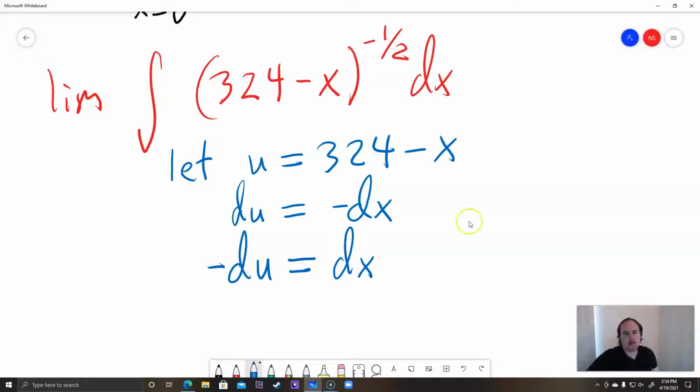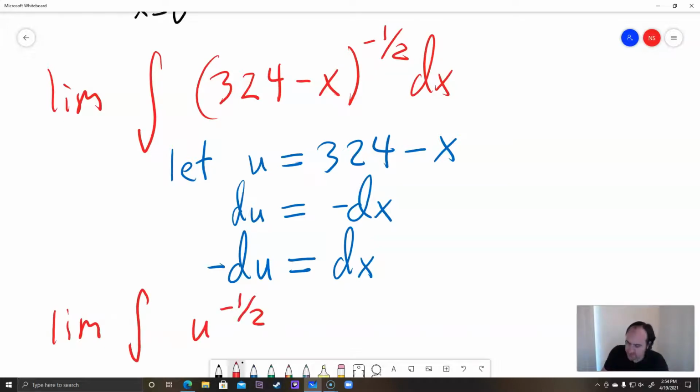So anyway, what we got here is the limit of the integral of u to the negative 1/2 times negative du. Okay, so we have the limit of the integral of u to the negative 1/2, right? Because we said 324 minus x was our u. And then dx, we said, was negative du.